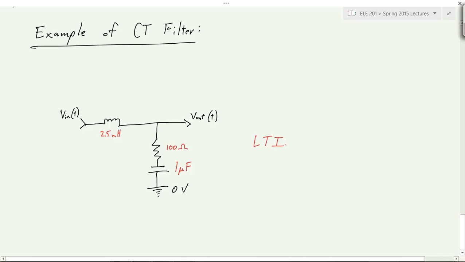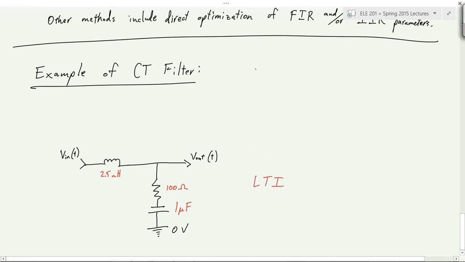Now let me introduce what the components are. So you have these ideal passive components. Here is what we're using for this system. They're passive because they don't have anything like transistors that can amplify. So you have these 3 circuit elements.